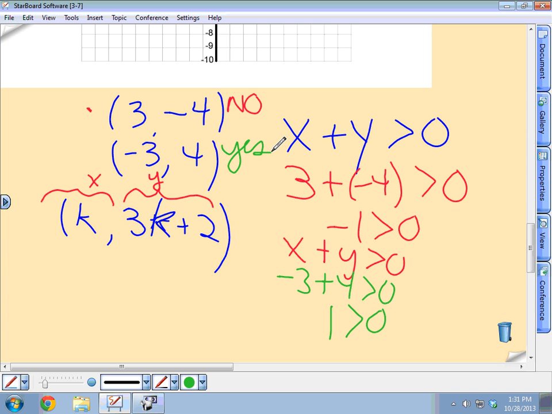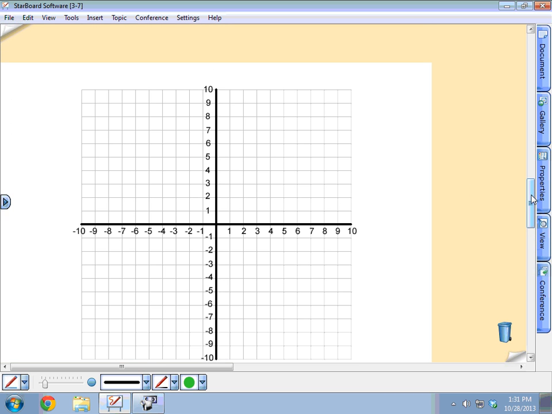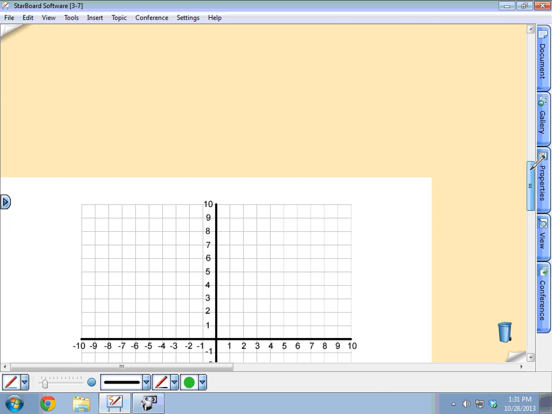Then I go to the next section, with number 7. Tell whether point P lies above, on, or below the line L. All right. Well, we'll do this one algebraically.